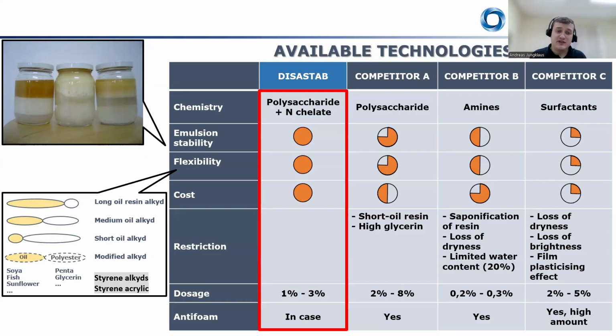Which chemistry nature does Disastab have? You may be wondering. So the Disastab range of emulsifiers is based on a polysaccharide plus a nitrogen chelate, offering a balanced performance profile for alkyd emulsions. And compared to competitors, Disastab provides excellent emulsion stability and flexibility while maintaining a low cost.